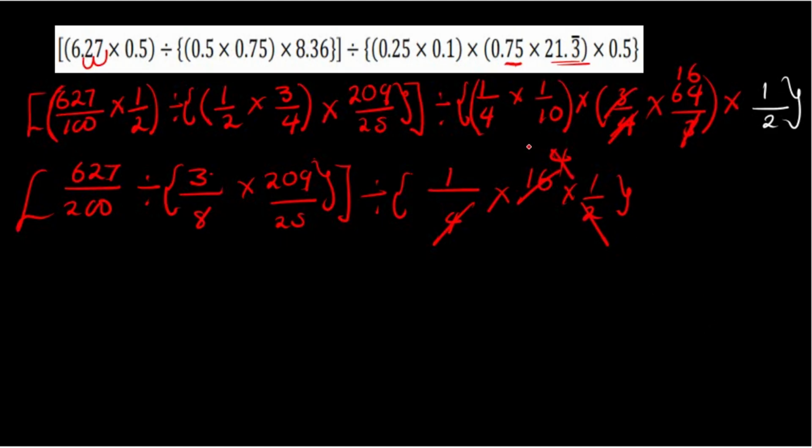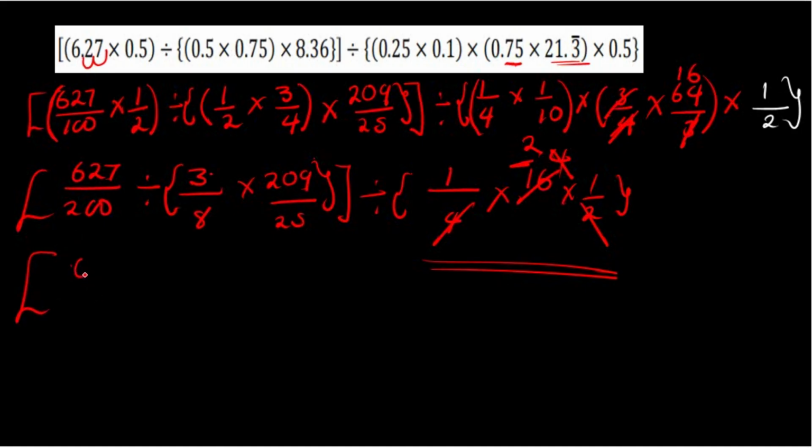Then 2 into 4 is just 2. So we're remaining with 2 on this side. Now let's come to this side. Can 8 enter into 209? No, it can't enter because it will leave some remainders.